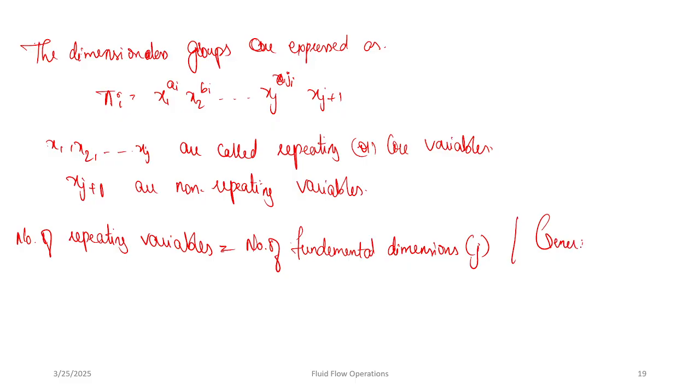So generally speaking, j will be equal to 3. Why? Because we only have MLT as the fundamental units, right? So in that case, j will be equal to 3.